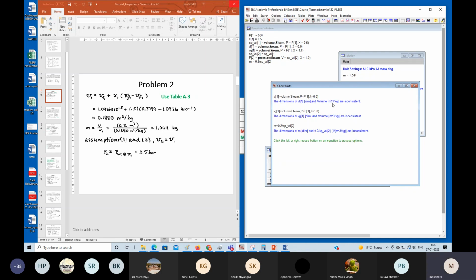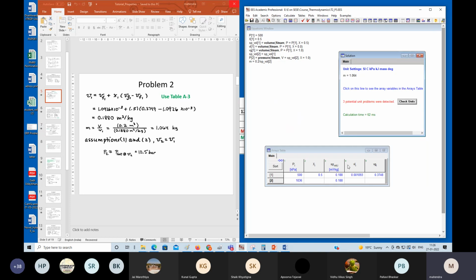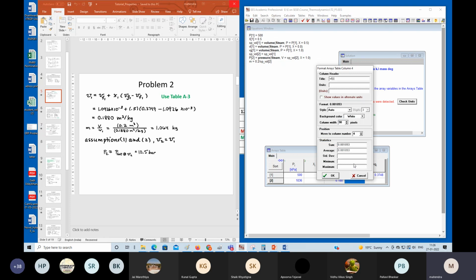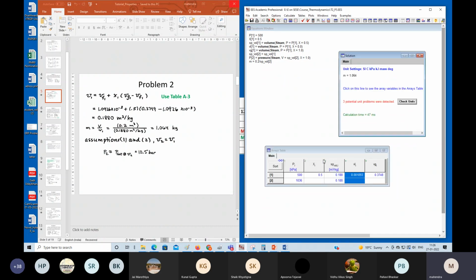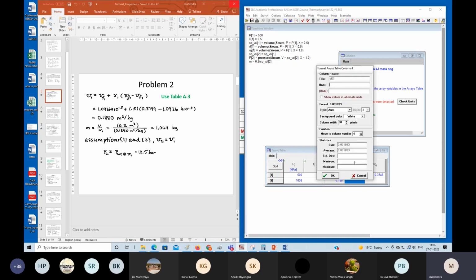So this unit we have to feed. Where can we feed? Come over here, click on this, right click, and once you can see here, in this table, upon the 4, click over here.